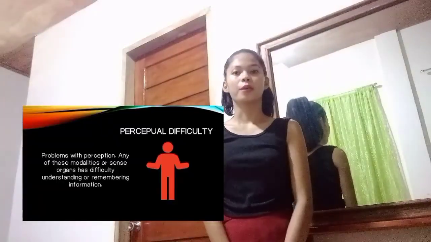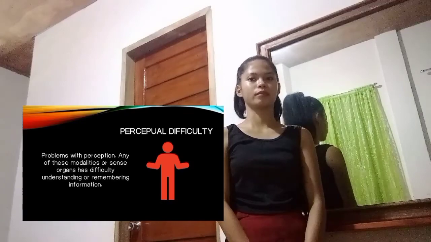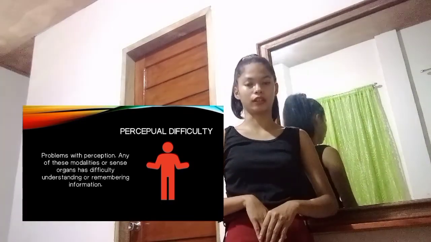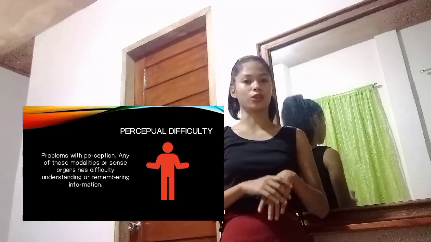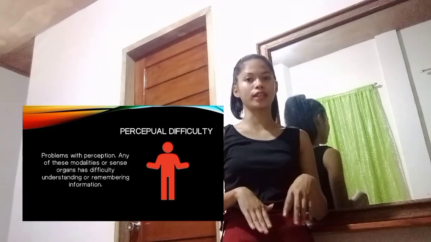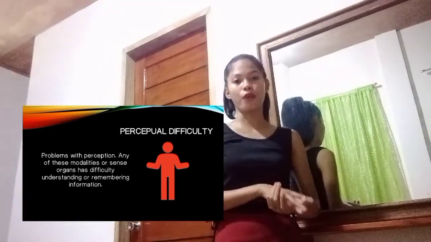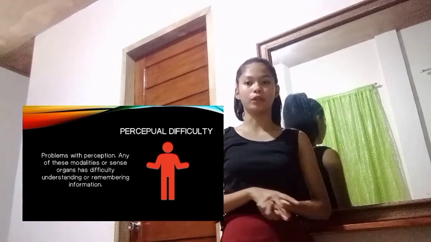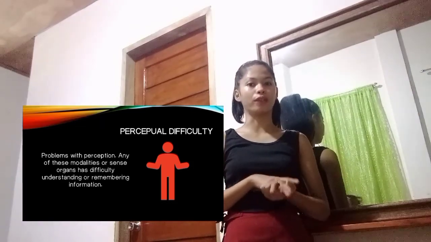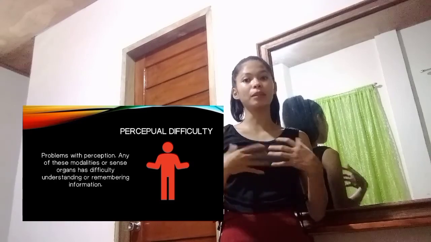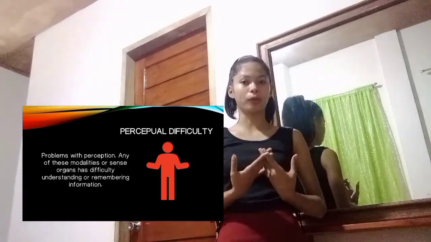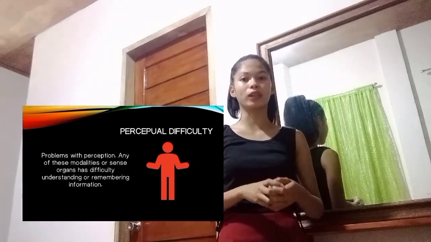Perceptual difficulty. Problems with perception. Any of these modalities or sense organs has difficulty understanding or remembering information. For example, memory of the precise order of letters in a word can be challenging due to trouble detecting variation between identical sounds in speech.